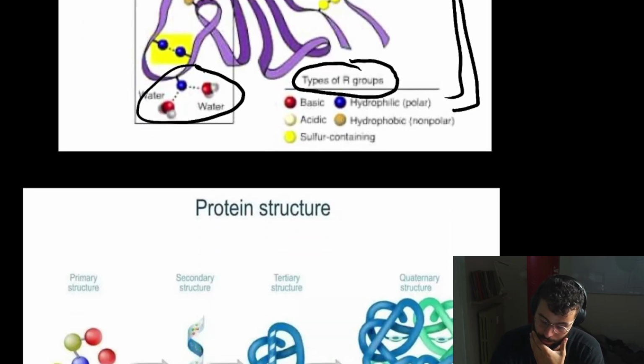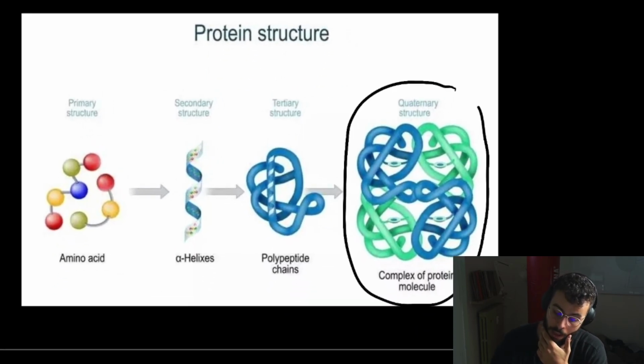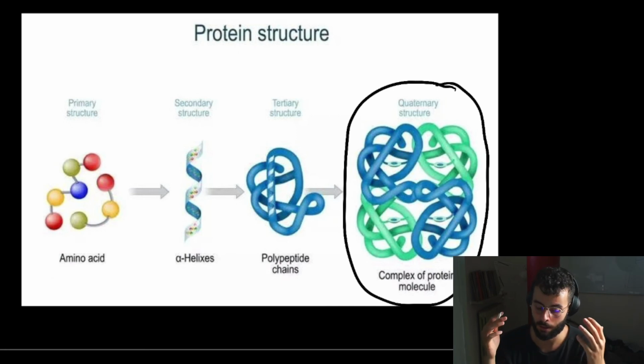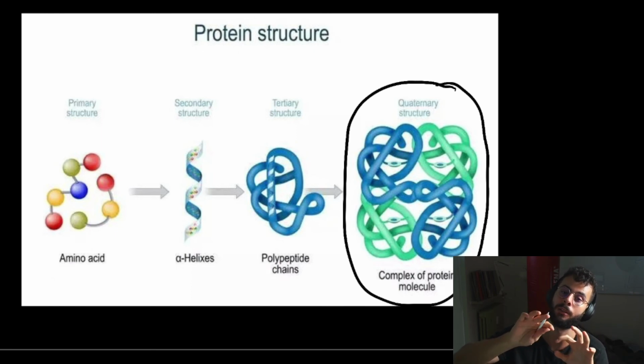Now our last protein structure is the quaternary structure. Quaternary structure is when different polypeptides come together through specific electrostatic bonds.